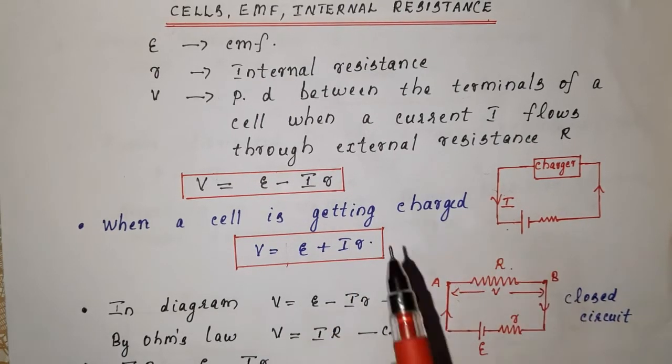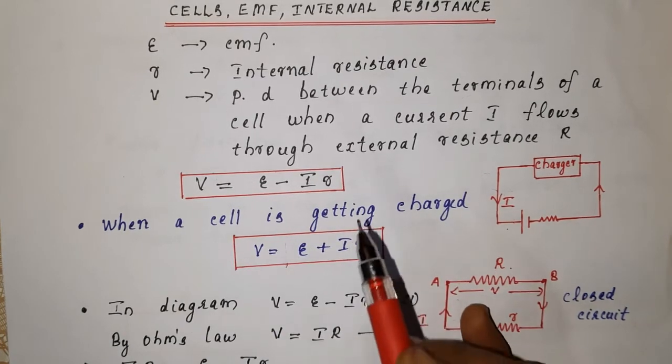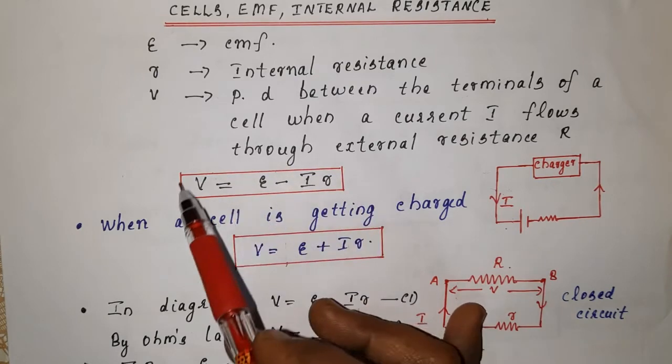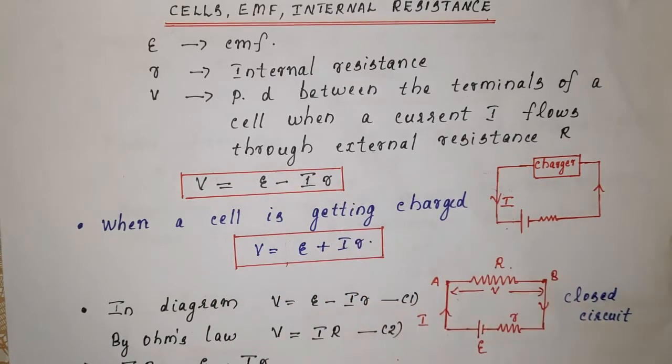So the EMF, potential difference, current and internal resistance are related by this equation.